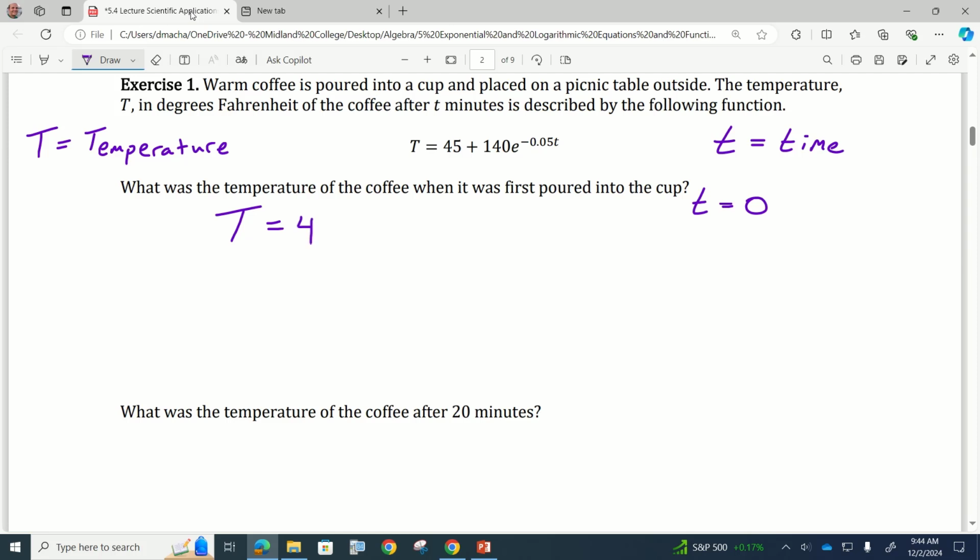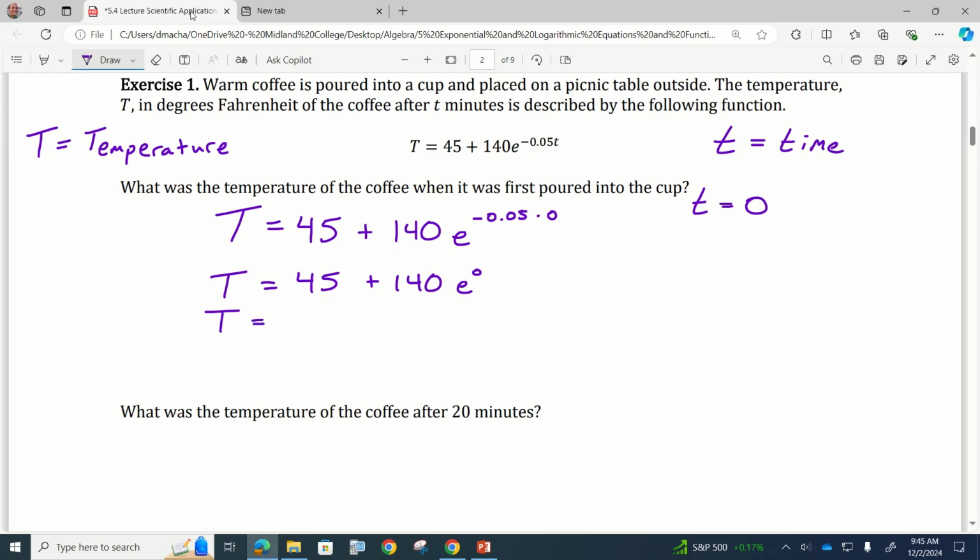And then the formula for temperature is 45 plus 140 times e to the power negative 0.05 times 0. Negative 0.05 times 0 is just 0.